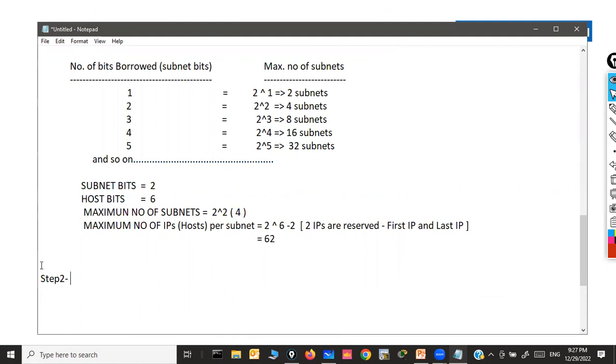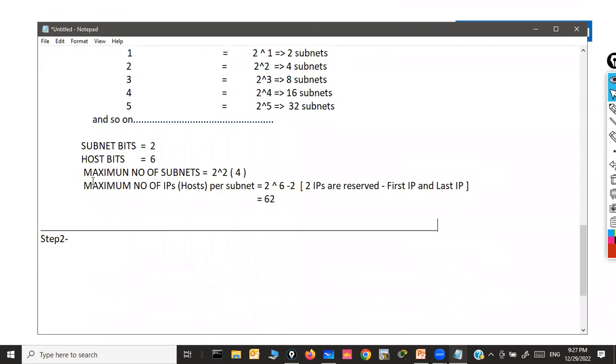Now what is step number 2? Step number 1 was this. Step number 2 is to write down the subnet mask in binary, and subnet bits are also represented with ones.